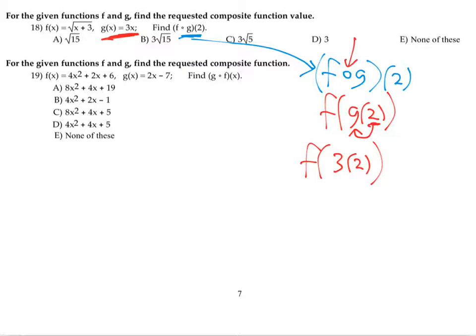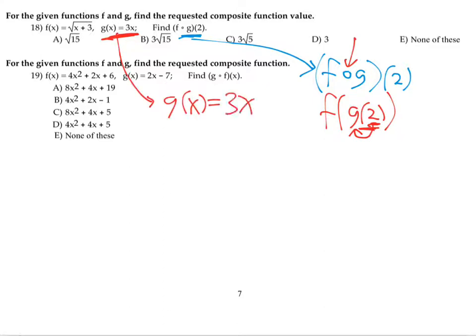Everybody see that? Am I losing you? Maybe I can take that more slowly. So first off, g of 2. Here's the g of x function. g of x is 3x, right? So if you put 2 in, it's going to be 3 times 2, 6, isn't it? So that inside, g of 2, becomes 6.